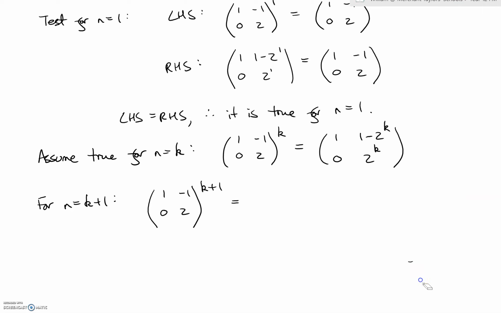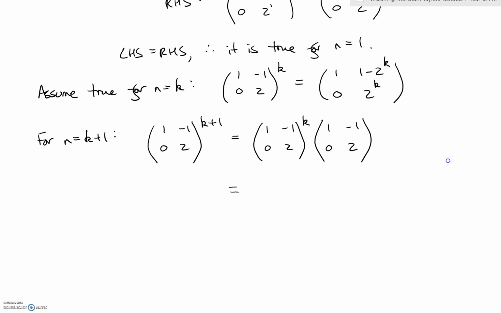So to get the power of k plus 1, this is the same as doing the matrix to the power of k, which is good because it ties in with our assumption step, multiplied by that same matrix to the power of 1. And together, the k and the 1 would make a power of k plus 1. But what this allows us to do is sub this in place of our power of k matrix. So by our assumption, we have this. And we just need to multiply it by this.